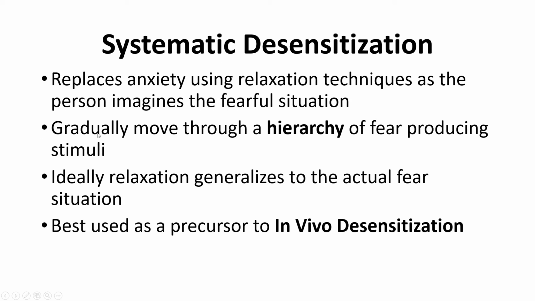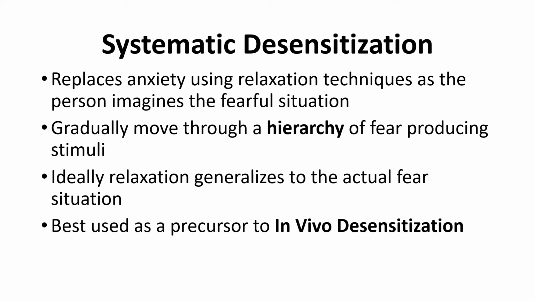So we can come back to our previous slide, where we're going to gradually move through that hierarchy of fear-producing stimuli, and we're going to relax at each of those steps. You start at the very bottom, at the least scary idea. So you say, okay, it would be a little bit scary, but not too bad to imagine myself on the opposite side of a park from a dog. The therapist would have you think about that situation, and they would say, while you think about that, focus on your breathing.